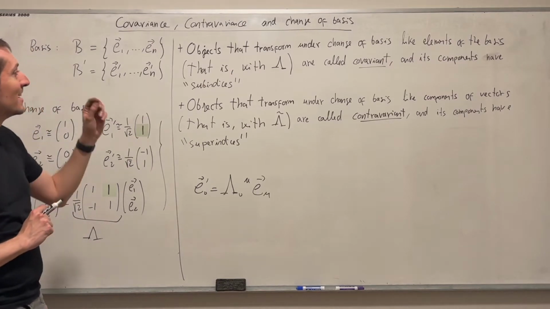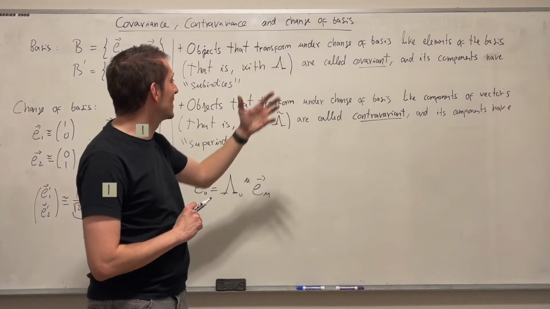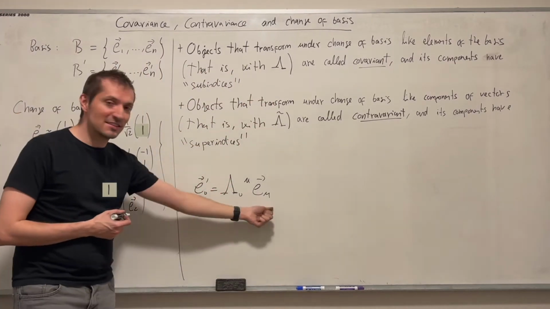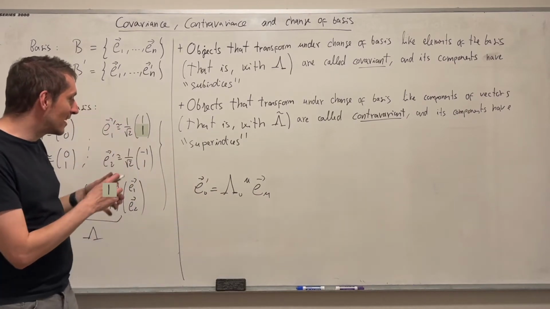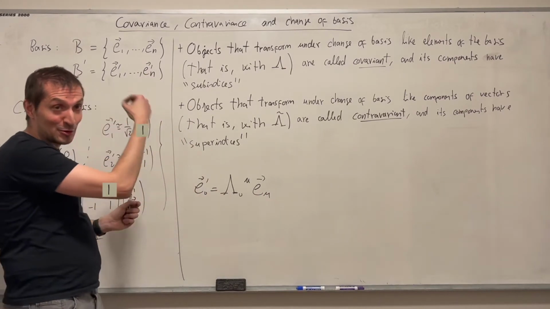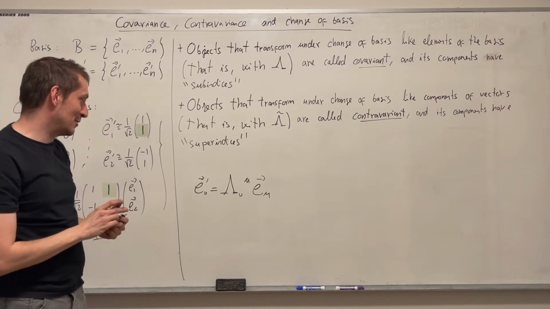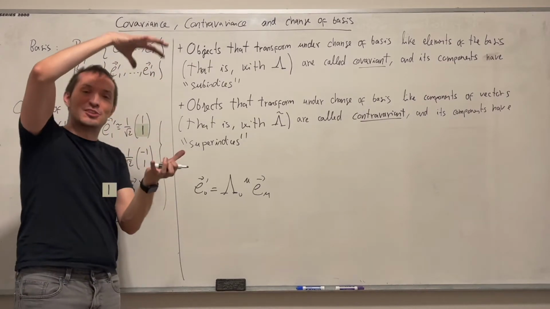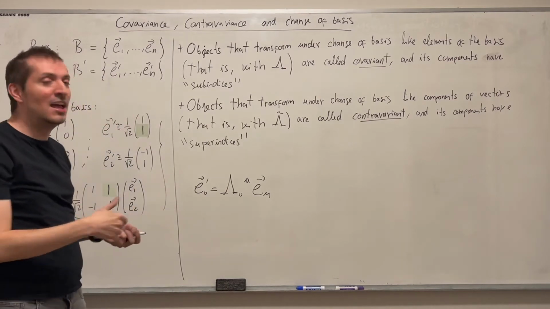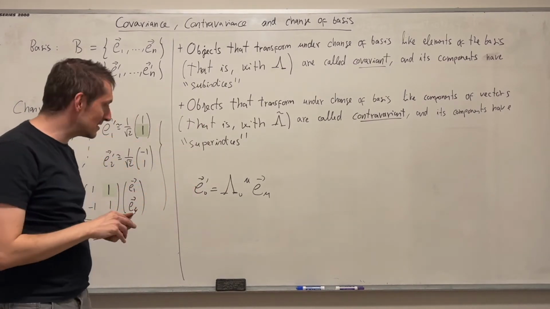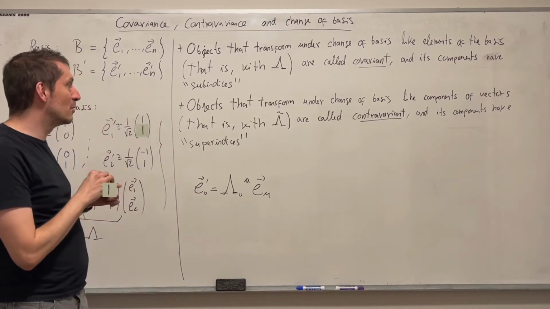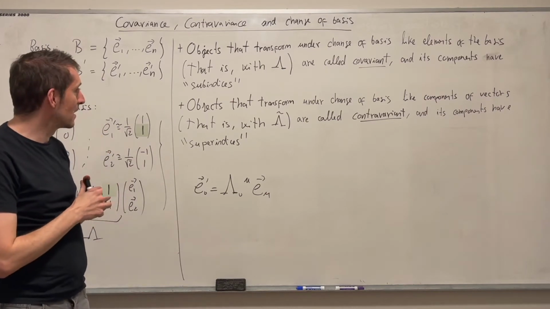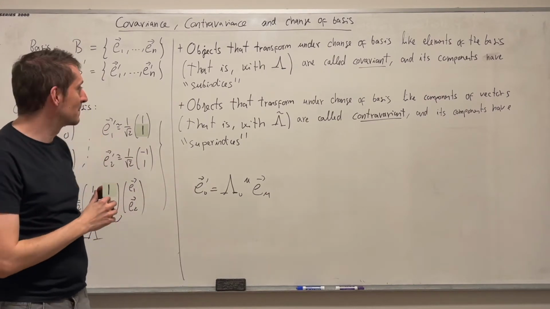And then the components of covariant objects have subindices. Again, the covariant object here is the vector whose entries are elements of the basis, if you want, okay? So things that transform, like the collection of elements of the basis with lambda, will always have index downstairs, and we call those covariant, okay? Or one-time covariant if it's only one index.